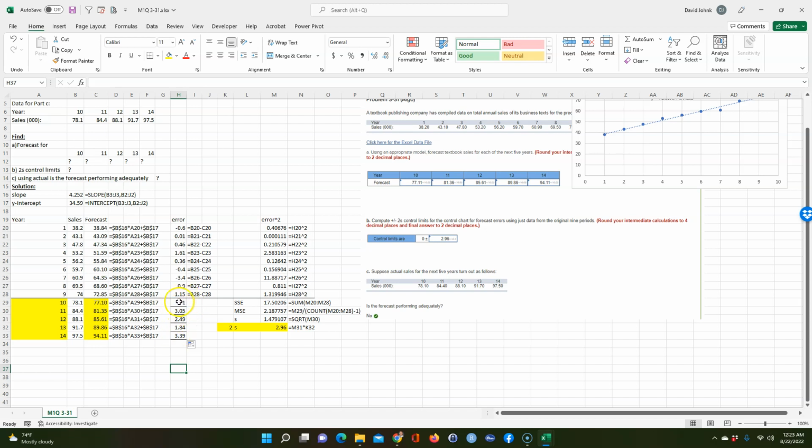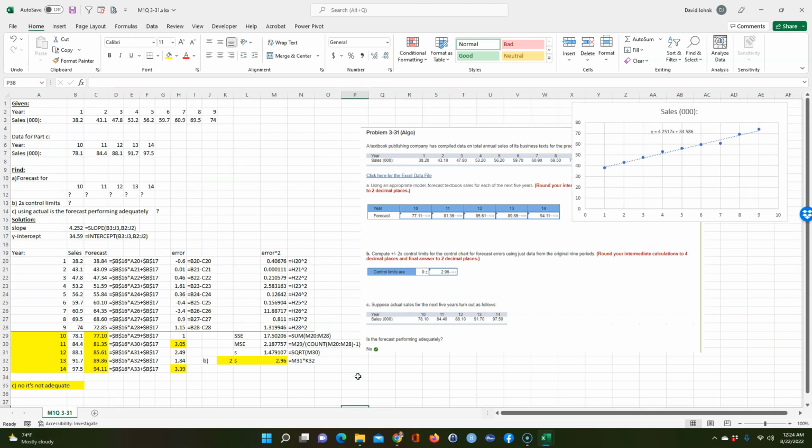Actually, instead of copying it down, Control Z. I don't want that line under each one. So my error can't be higher than 2.96, and you can see that in these 2 years, the error is more than 2.96. The difference between the actual sales and the forecast is greater than 2.96. So that means for part C, no, it's not adequate. So that's the answer. This was part B. Okay, so that's the answer to that.